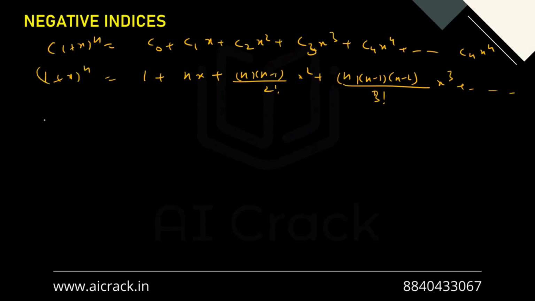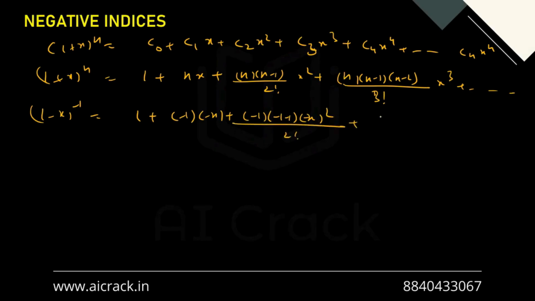Now what if I replace x with minus x over here? I'll be getting 1 minus x raised power n, and replace n with minus 1. So I'll be getting 1 plus minus 1 times minus x plus minus 1 times minus 2 times minus x whole square divided by 2 factorial, and then minus 1 times minus 2 times minus 3 times minus x whole cube divided by 3 factorial and so on.